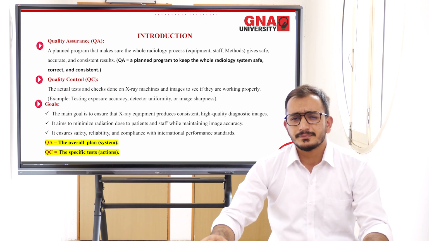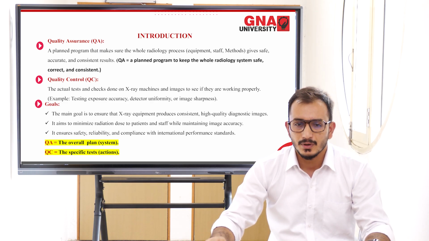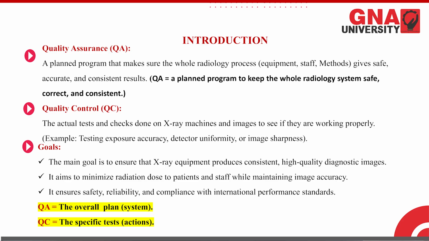So first, we will discuss quality assurance. What basically is quality assurance? Simply, we can call it a planned program to keep the whole radiography system correct and consistent, so that it is working correctly and producing a high quality radiograph.